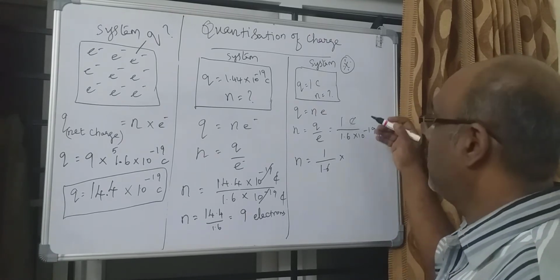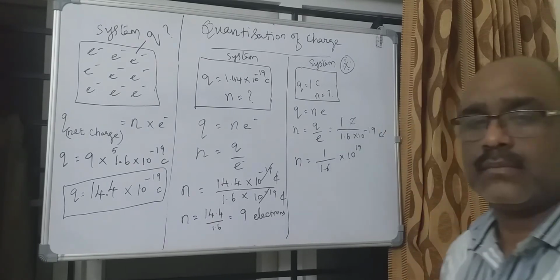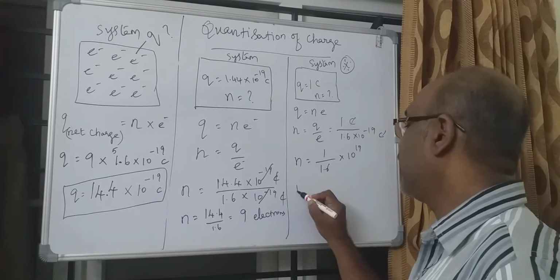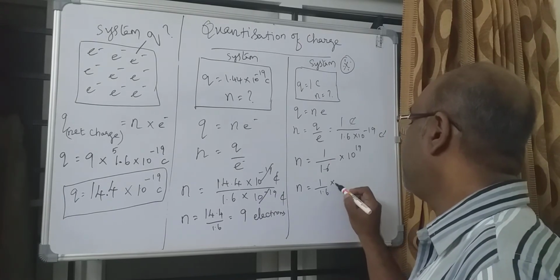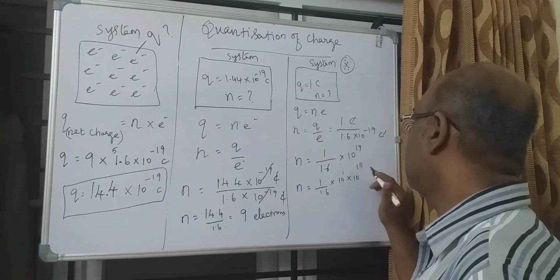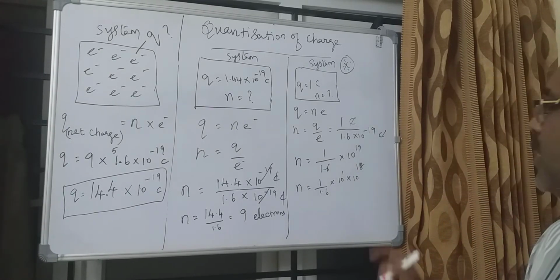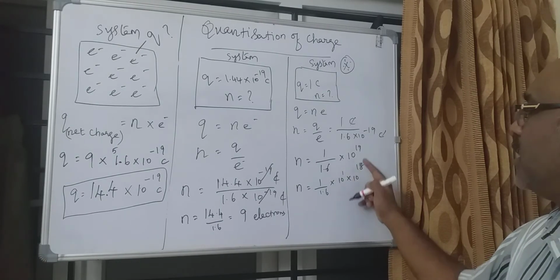This is in the denominator, so let us take it to the top, which becomes 10 to the power 19. Writing it again, 1 divided by 1.6 into 10 to the power 1 into 10 to the power 18, so this becomes 10 to the power 18 plus 1, that is 19.